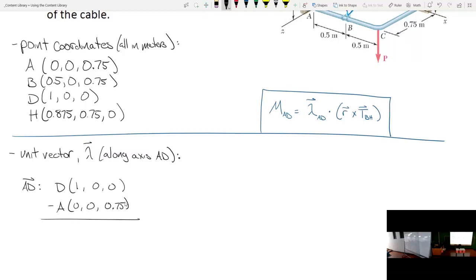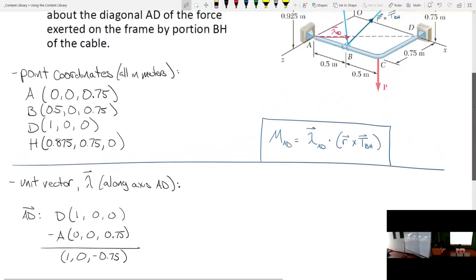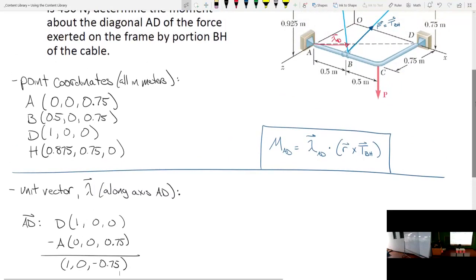So I'm getting 1 minus 0 is 1, 0 minus 0 is 0, and 0 minus 0.75 is negative 0.75. Okay? And to be clear, I think that represents what's going on in the real problem, right? So I can point this out over here on the screen.